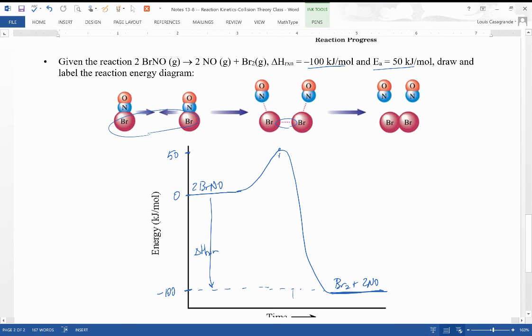And my activation energy then, here's my EA, going to label that. Or if you want to, you only have to label it once. You can label it out here as well, as long as you see that EA coming up from the reactants.